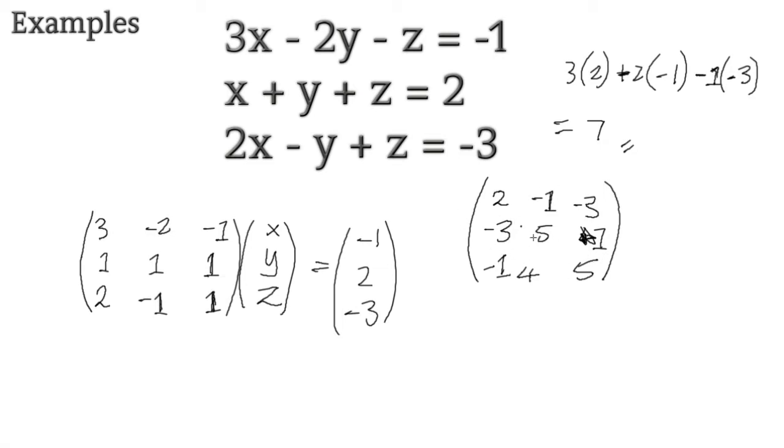Now I've got this determinant matrix. Now I need to transpose and do the negatives. So that would give me 2, 5, 5, 3, 1, minus 1, minus 3, minus 1, and minus 4.